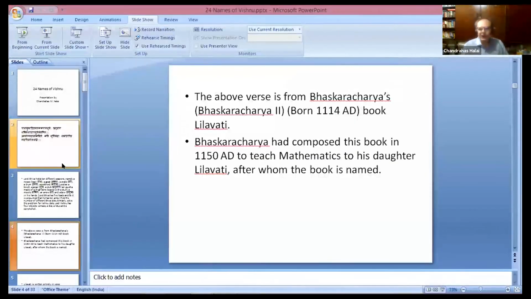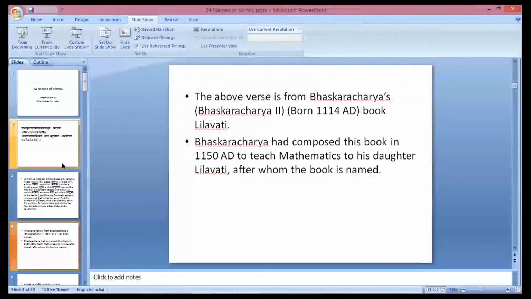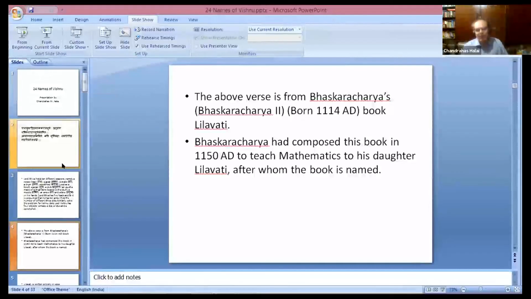To write this particular thing, I referred to research papers written by architects who are experts in temple architecture, and even researchers from foreign universities. They have done research on the Samarangana Sutradhara, and they have visited Indian temples and studied Indian temple architecture. My focus was more on mathematics. I'm not an architect. As an engineer, I can understand construction technology because I know aspects of structural engineering. Yes, sir. Thank you.